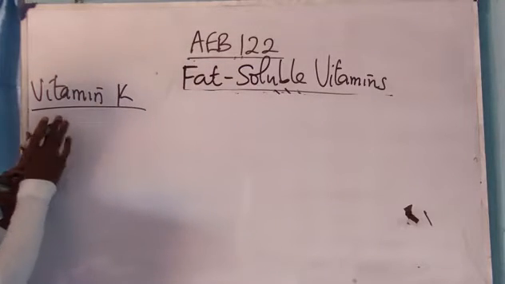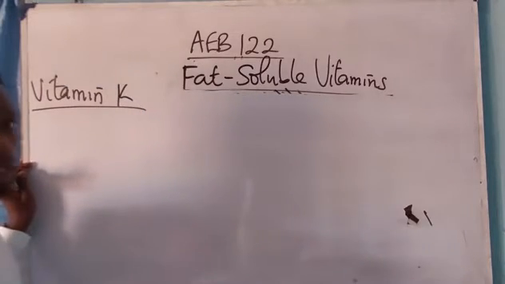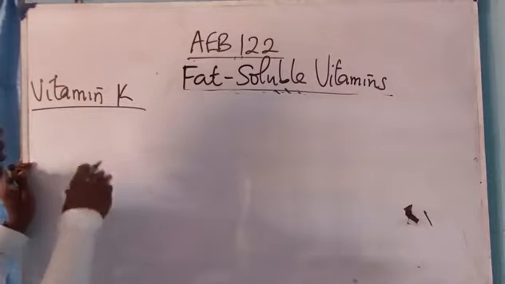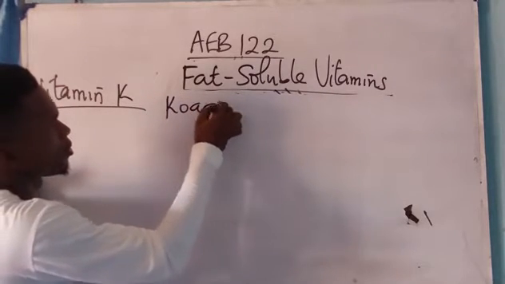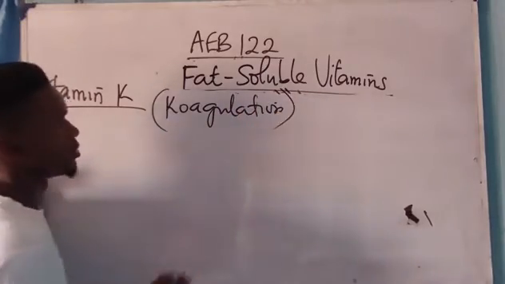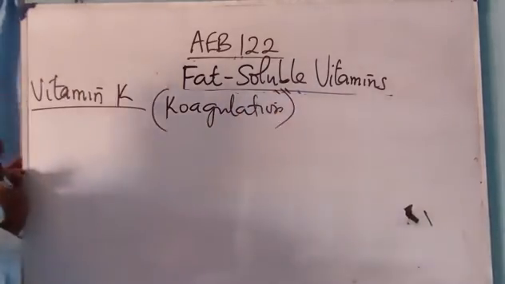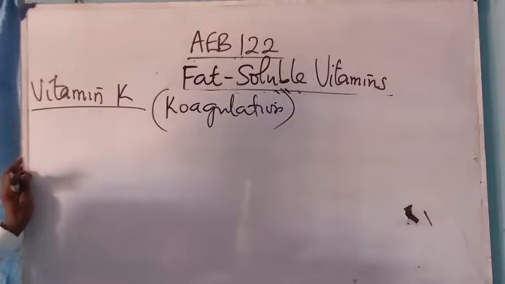Now, the function of vitamin K is to enhance what? Blood clotting. Right, and the word coagulation is a German word, and it means what? Clotting, blood clotting. Now, I said the function of vitamin K is to enhance blood clotting and to prevent bleeding of the gum.